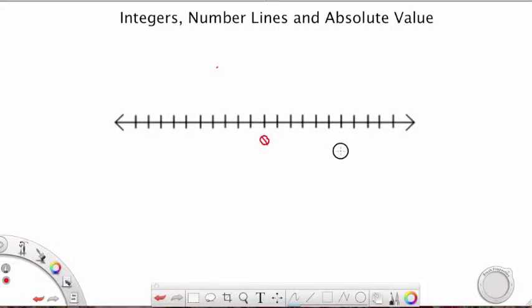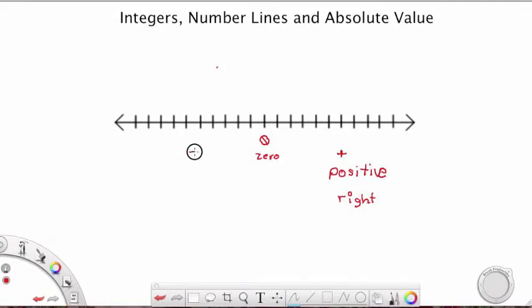Our positive integers, which are numbers that are greater than 0, are all on the right. When I say on the right, I mean right of 0. 0 is kind of our home base here, and that's our reference point.